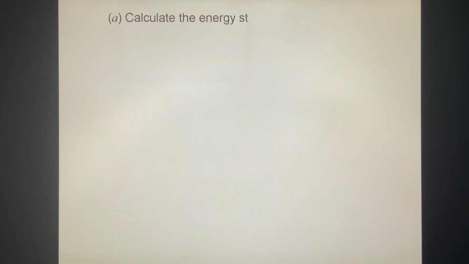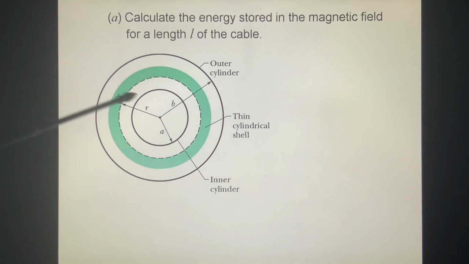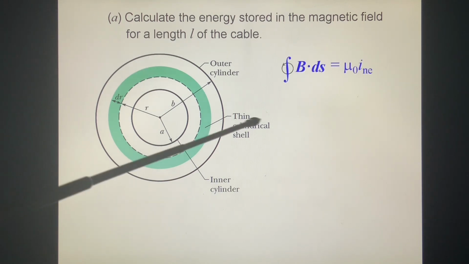Question A. Calculate the energy stored in the magnetic field for a length L of the cable. Now, we want to find the energy stored in the cable; the length is L. First, we find the magnetic field. How do we find it?